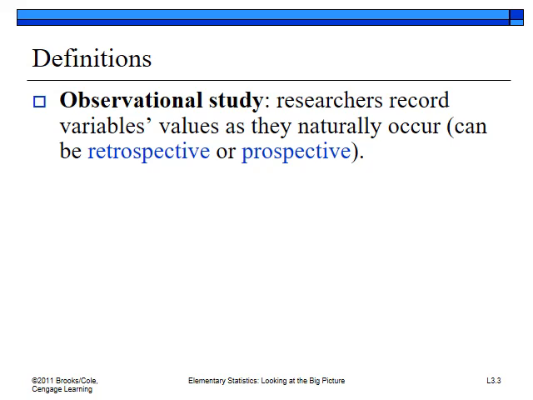Observational studies can be retrospective, which means the researchers are looking at the values of variables as they have already happened, or they could be prospective, in which the researchers record what happens as it happens.